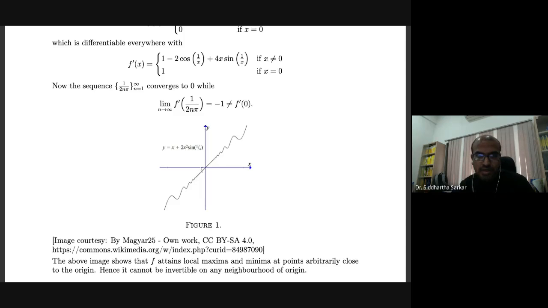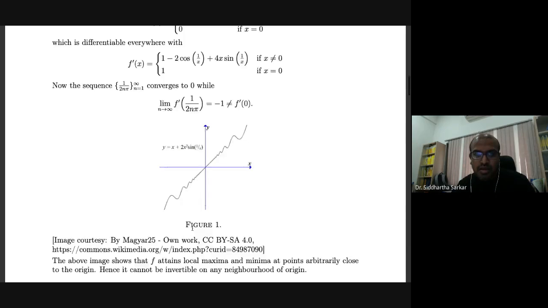So therefore, there is no way I can make the function f invertible on any given interval around the origin. Because I can always put a small enough height, so that if I draw a horizontal line with that height, there will be two consecutive points where the function values are equal. This is exactly what is happening around this maximum, and the same around this minimum.